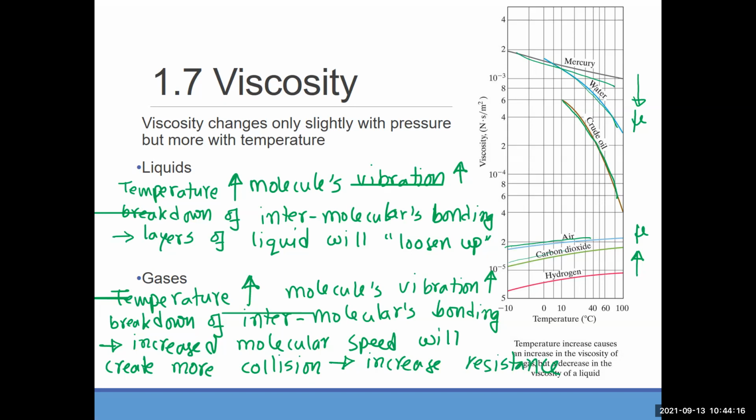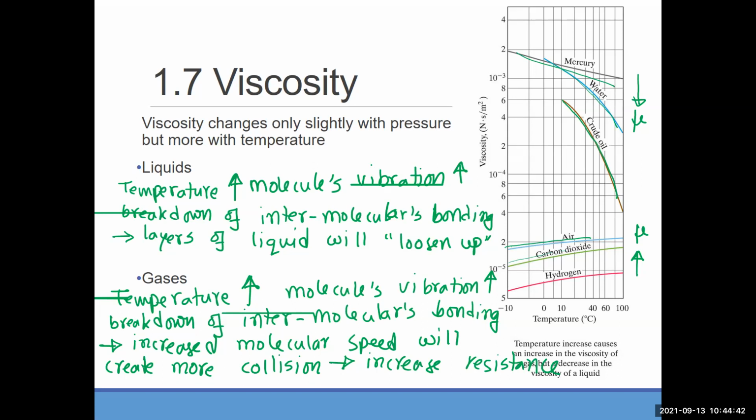Now, if I ask you in any quiz or test for gases, why with increasing temperature does viscosity increase? Can you explain? Maybe not in these words, but in your words so that I can understand what you are trying to say. Did you get the idea why with increasing temperature, viscosity is increasing for gases?